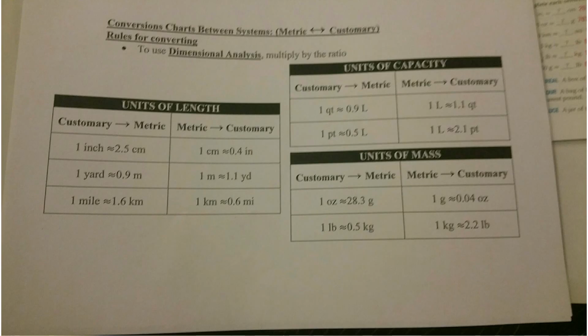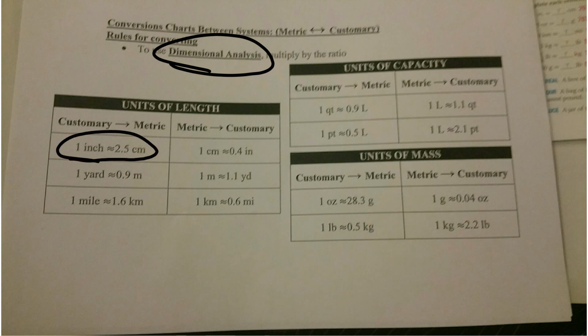Okay. Now it is slightly different when we go between systems. All right. So when you're going between systems, you're always going to use dimensional analysis. Remember, that's multiplying by the ratio. So basically, you're going to use both. If you were going from inches to centimeters, you're going to multiply by the ratio.